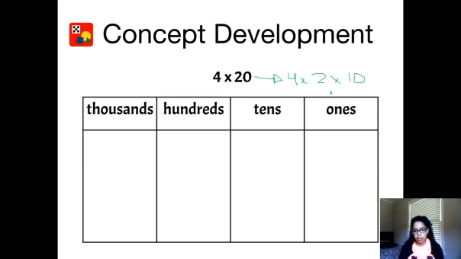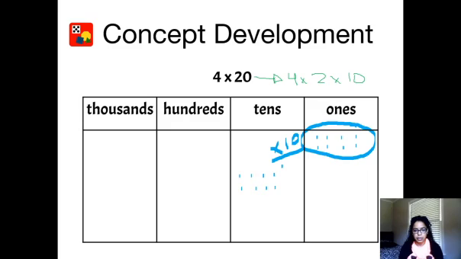So we'll start with our 4 ones. 1, 2, 3, 4, and then we're going to times it by 2, right? So that means I'm going to have 2 groups of 4. So 1, 2, 3, 4. So now I have a total of 8. Okay, so I have 8 here, and I'm going to times it by 10, and then that will give me 1, 2, 3, 4, 1, 2, 3, 4.